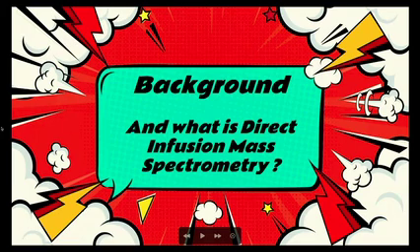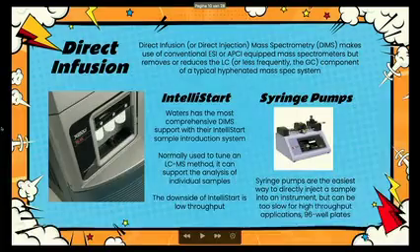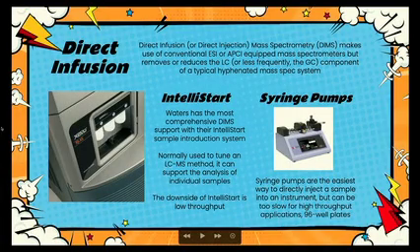What we also want to now look at is what's direct infusion. As I say, most of you will be familiar with that because direct infusion, also known as direct injection mass spectrometry, is making use typically of the standard ESI or APCI type sources, multi-mode source, those sorts of things.